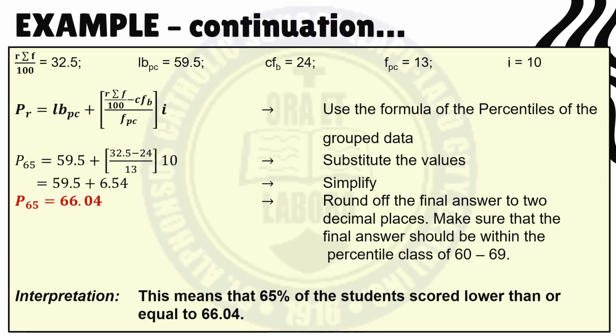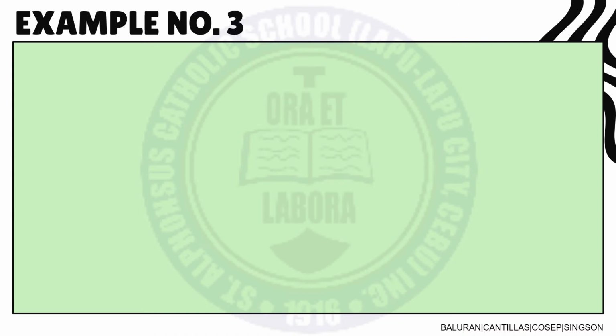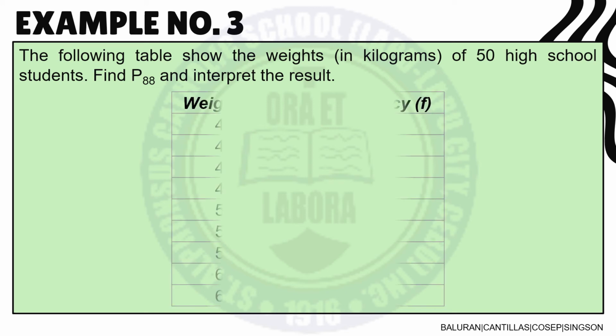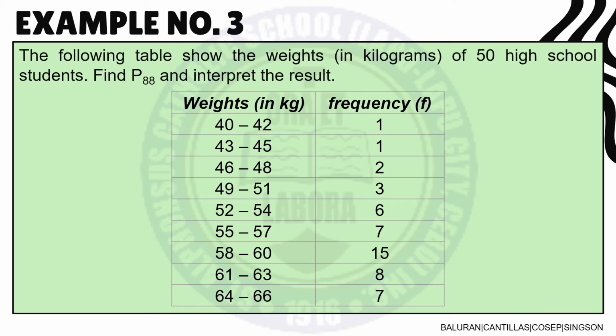Let us now continue with our third example. The following table shows the weights in kilograms of 50 high school students. Find P sub 88 and interpret the result. So we have here the given table. The first column is the weights in kilograms, and the second column is our frequency. As you have noticed, this table is incomplete.